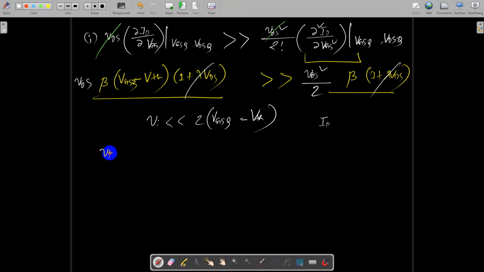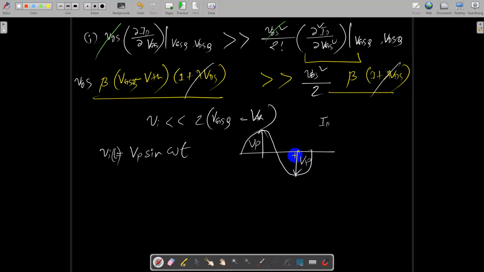And if your Vi is a sinusoidal wave, then you can write it like Vp sine, your peak voltage, with some omega, twice pi f t. So Vi is a function of t. Now your peak voltage looks like this. This is Vp and this is your other Vp.